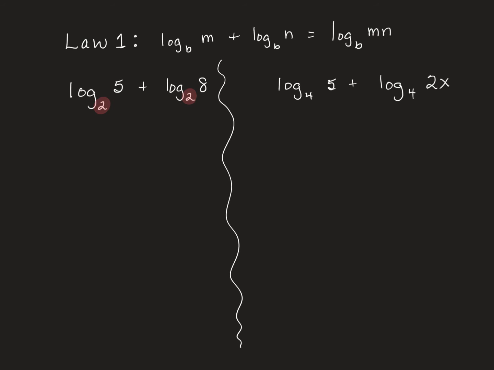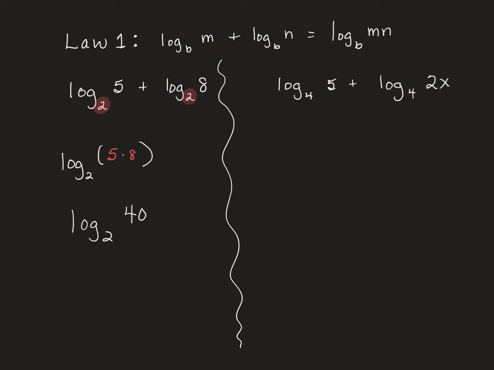That means I can go ahead and I can multiply them. So this becomes log base 2 of 5 times 8, or here, log base 2 of 40. And that's it. I simplified it. It's now down to a singular log.